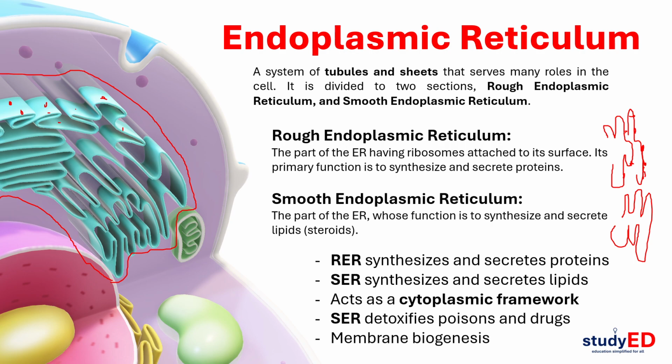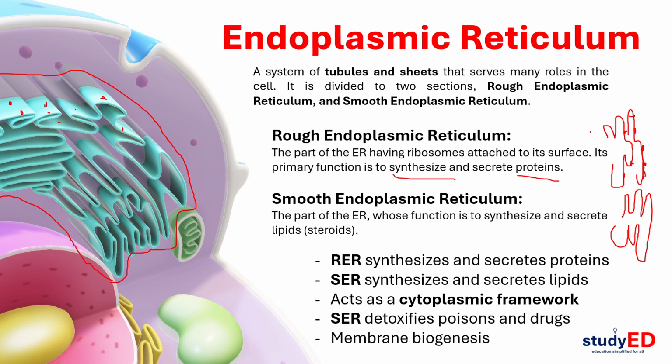What are these substances? These are nothing but ribosomes. So the rough endoplasmic reticulum has ribosomes attached to its surface, and its primary function, using these ribosomes, is to synthesize and secrete proteins.